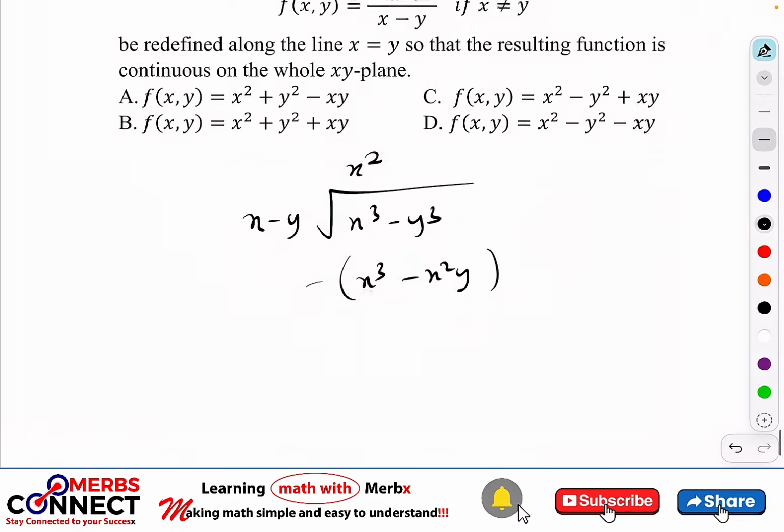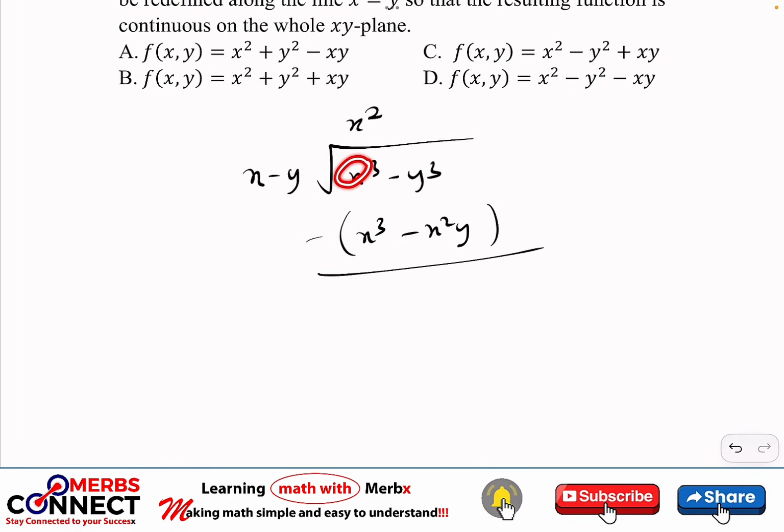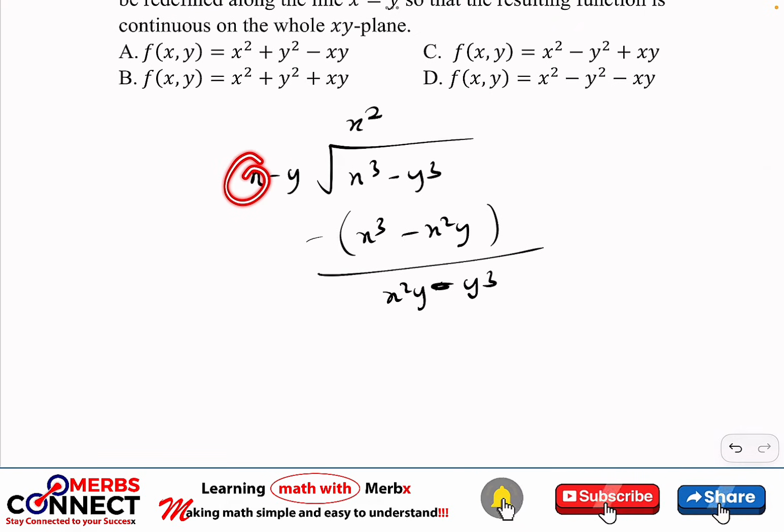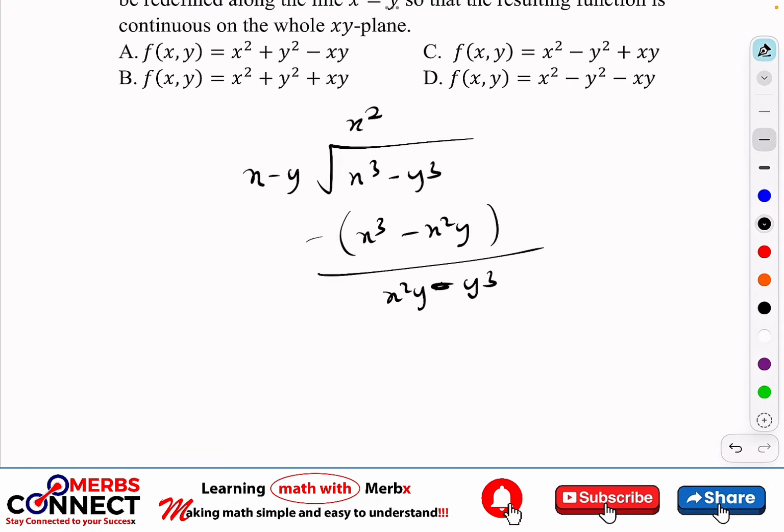Put in brackets, subtract. This minus this will be 0, so it's going to be left with, this has no term here, so it's going to be just 0. So I just want to bring this one first. So it's going to be 0 minus of this. So this is going to be x squared y minus y cubed. Now x squared goes here, x goes here, plus xy.